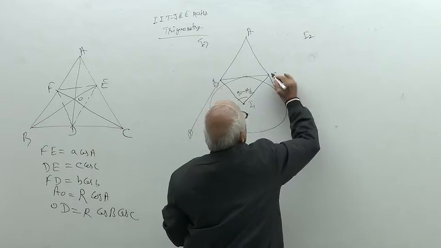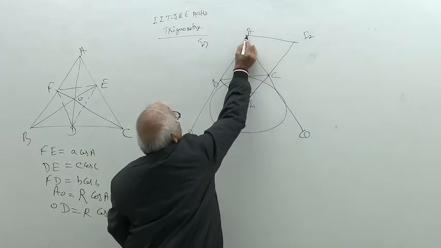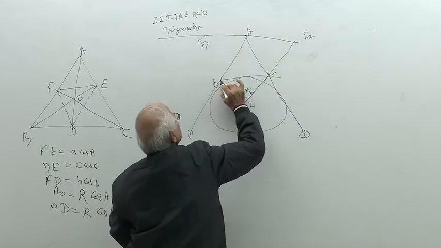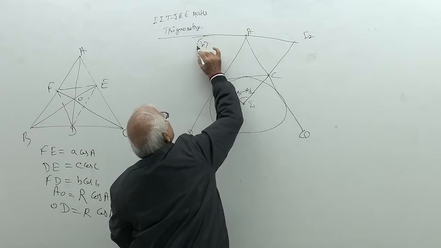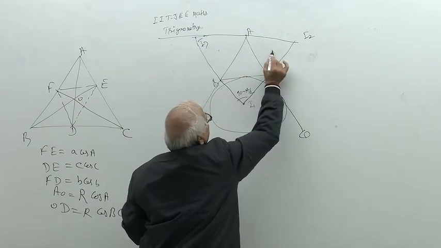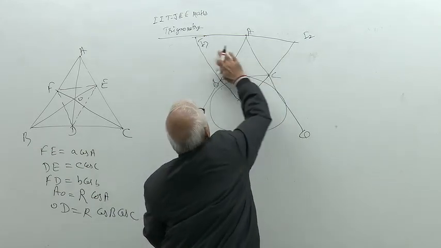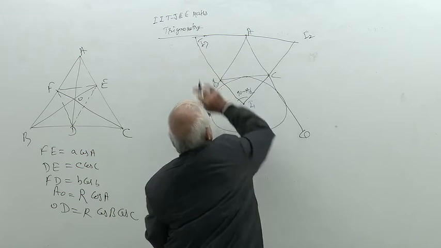Then here will go this and this. Here we have I3, here we have I2, I3.